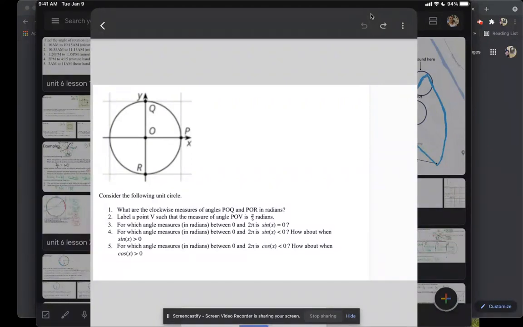What are the clockwise measures of angles POQ and POR in radians? So angle POQ, we're going to deal with that one first. POQ is this section of the circle right here.